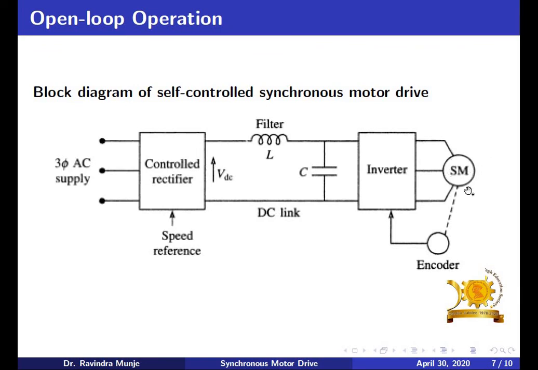This decrease in the speed will be sensed by this encoder, and a signal will be given to the inverter. This will work in such a way that the frequency supplied to the motor will be in synchronism with the rotor speed, right? This is the operation when there is load on the motor.